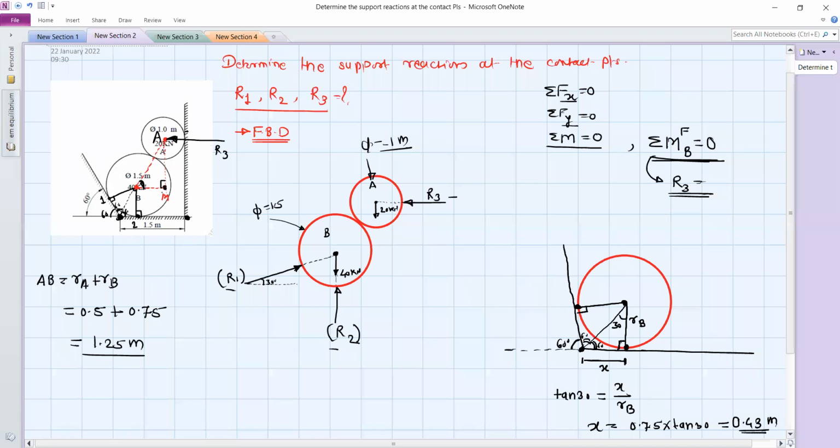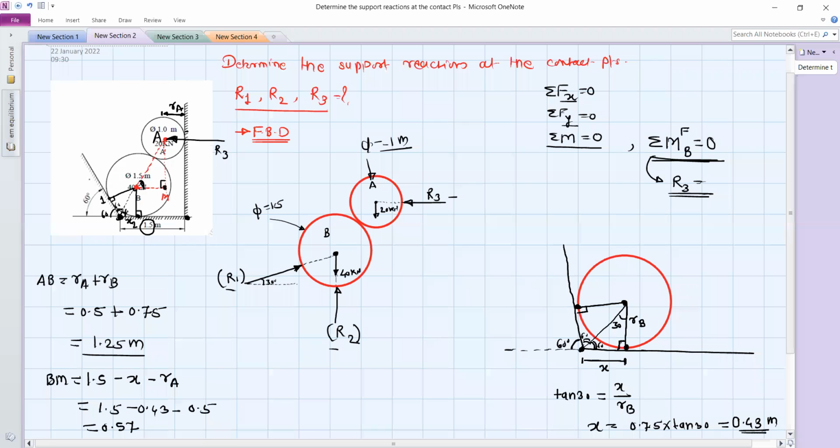To find BM, we subtract this distance x from 1.5, and again we subtract the distance from this center up to the vertical wall, which is nothing but the radius of sphere A. So the required distance BM is equal to 1.5 minus 0.43 minus 0.5, so it is 0.57.